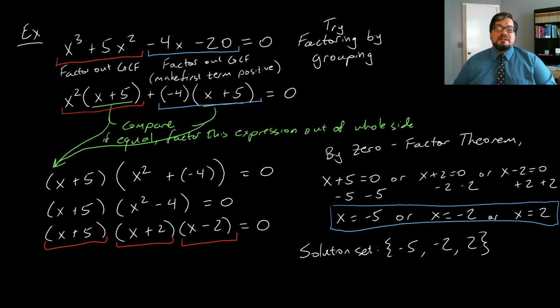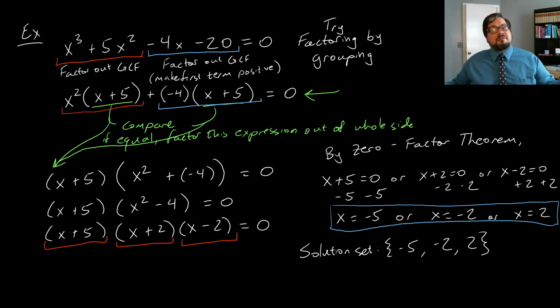Now, the question is, what would happen if we went through the first two steps of this process, but when we got to this one, we didn't have the same expression, that is, these x plus 5 expressions weren't the same? Well, then we'd be stuck.